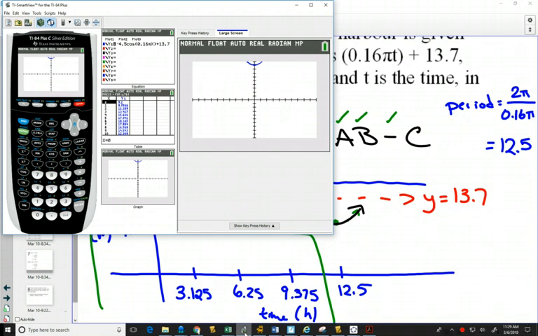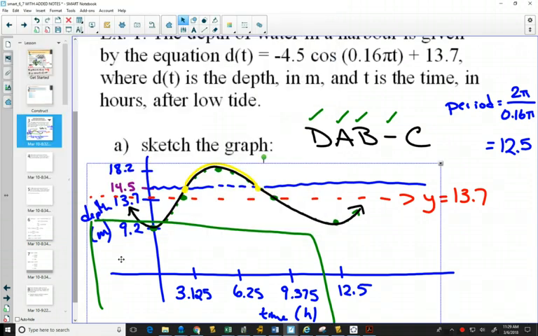Well, on your graph you have a window. So you do need to be able to graph this by hand first before you can go to your graphing calculator, because otherwise you might be searching for a very long time to have it show up on your screen. What we've done here by graphing it is we've realized what kind of window we want.